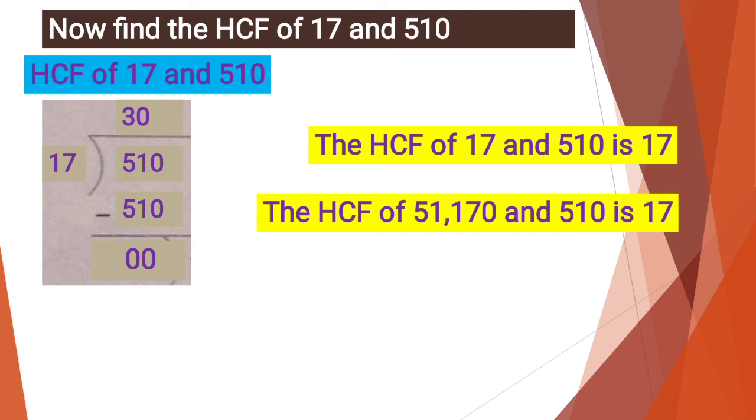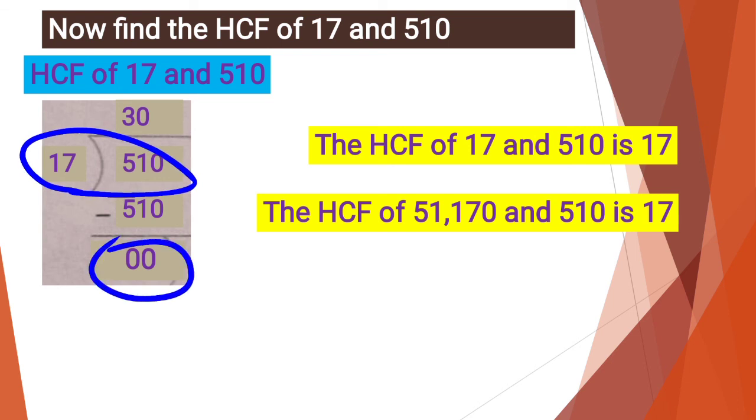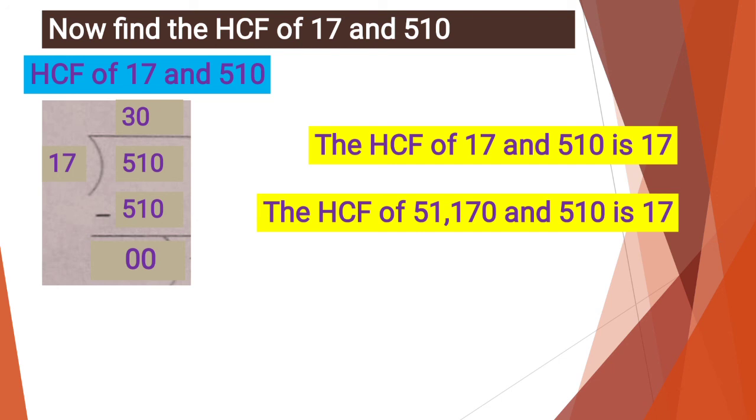We find the HCF of the first two numbers, smaller and middle, and with the help of that HCF we divide the bigger number, and when we get 0 as a remainder, that divisor will be the HCF of all the three numbers. This method is not hard, it is very easy, but we have to understand it properly.